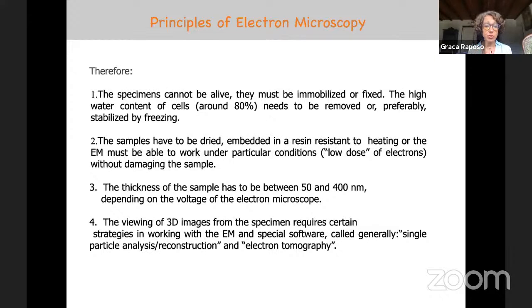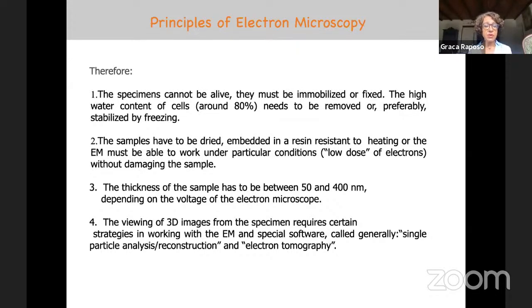Then we need to remove the water content of the samples. Then the samples are dried, and they are embedded in a resin that is resistant to the heating by the electrons. And of course, we have to avoid damaging the sample.